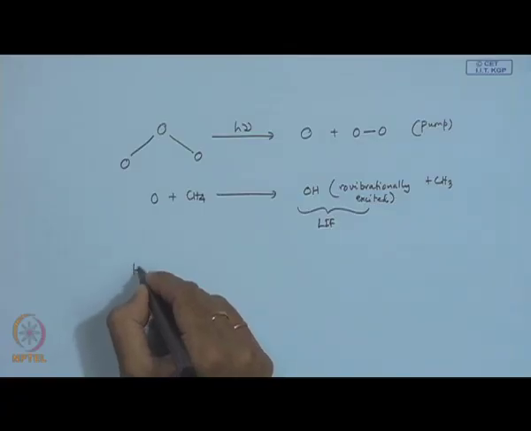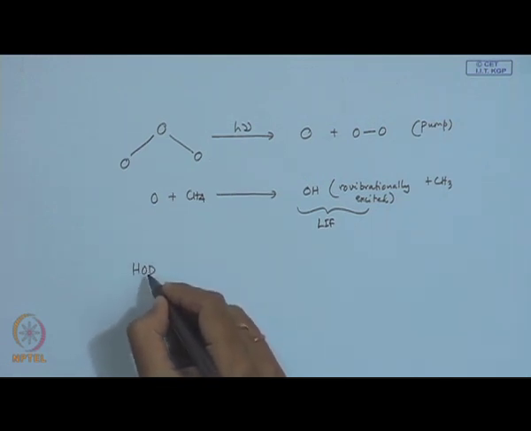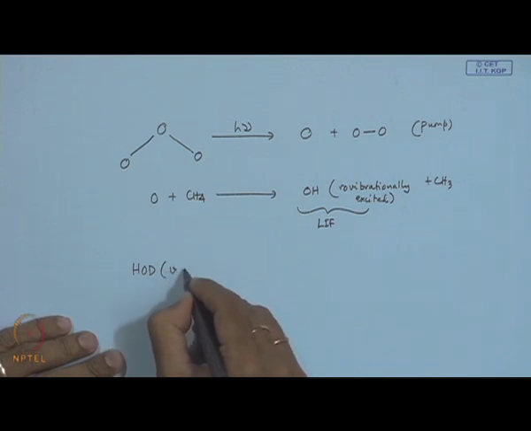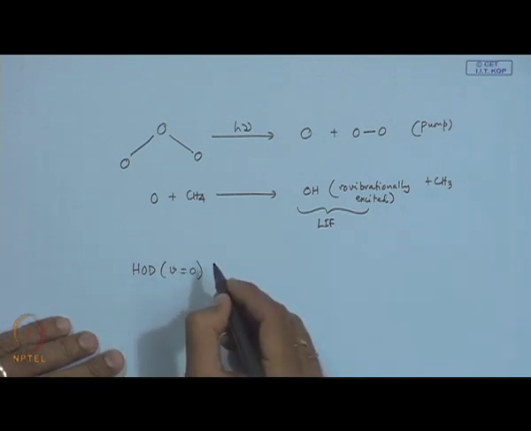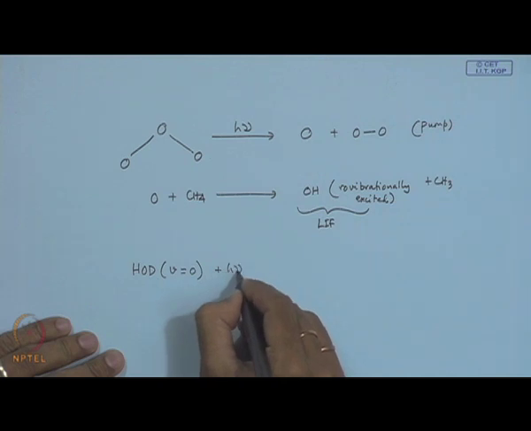But the vibrational level is very difficult to pick up selectively, though we can take the help of the pump probe method to selectively excite certain levels. As an example, let us take HOD, monodeuterated water, in the vibrationally lowest level, v equal to 0, plus h nu.